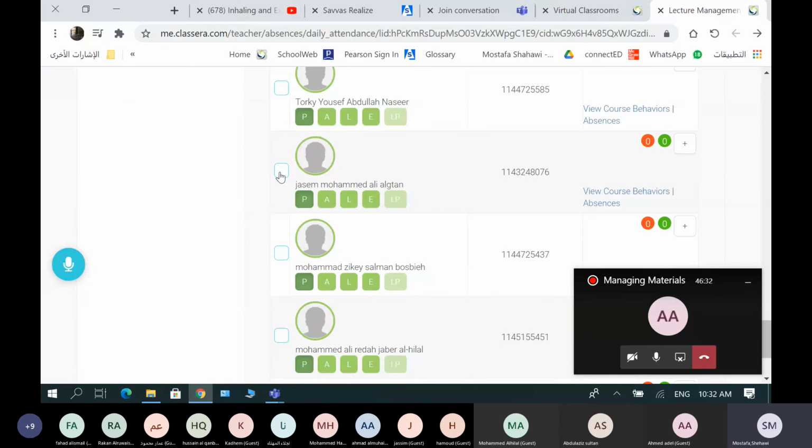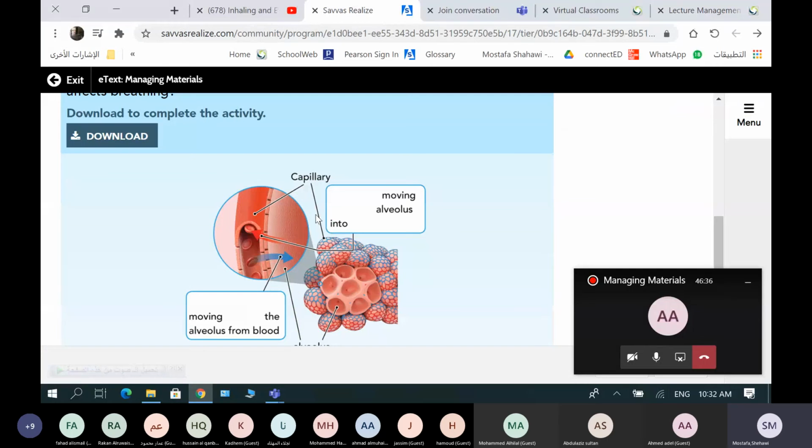Okay, let's take Jasim. Yes, mister. We have here a capillary tube, a capillary, and we have here alveoli. And as you see, we have a net of capillaries around the alveoli. We want to complete these spaces here.